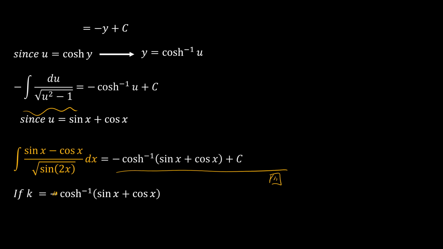So let's assume that k is just arc cosh of sin x plus cos x. That means that cosh of k is equal to sin x plus cos x. And we know the definition of hyperbolic cosine: e to the power k plus e to the power negative k, over 2.